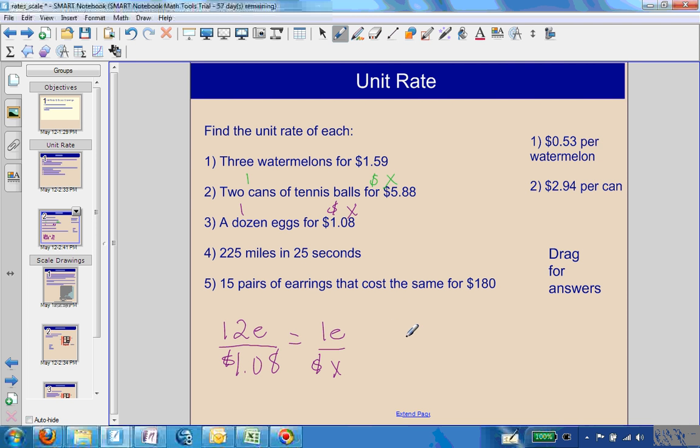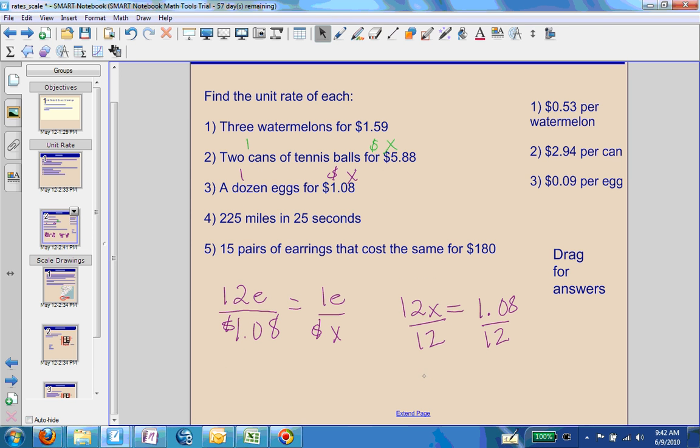So we can cross multiply: 12x equals 1.08. Divide both sides by 12, or we could have just divided the top and bottom of our original ratio by 12. Either way, we're going to end up with 9 cents per egg. So x equals 0.09, or 9 cents per egg.